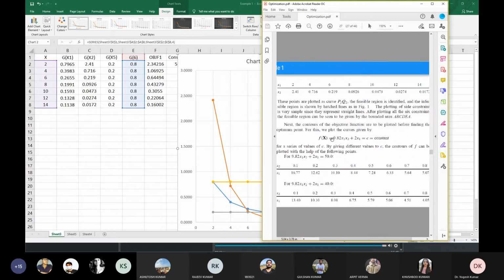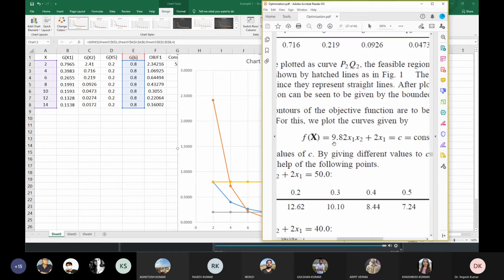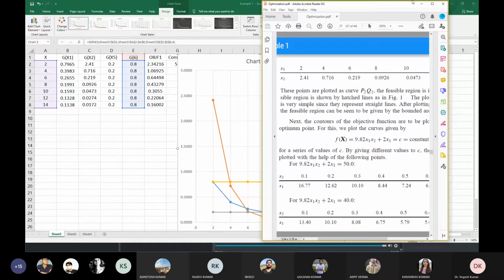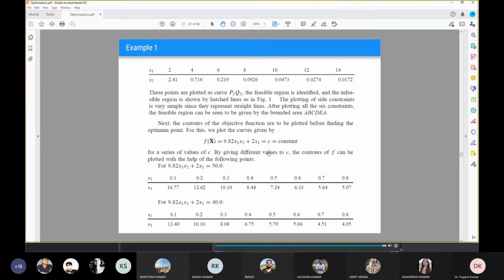Our objective function was f(x) equal to 9.82 x1 x2 plus 2 x1 equal to c. Okay, so let us take this example again. f(x) equal to 9.82 x1 x2 plus 2 x1 equal to constant. So what we are doing, we are changing the value of this constant.